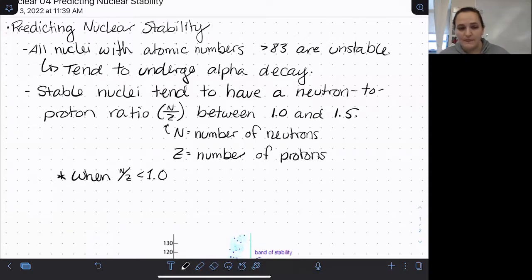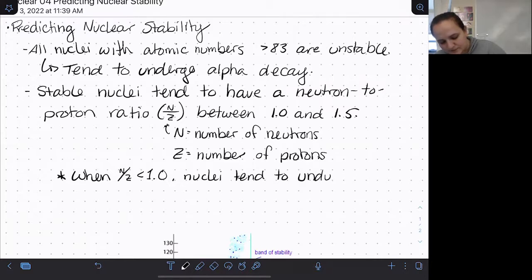So when our N/Z ratio is less than 1, when our neutron to proton ratio is too small, nuclei tend to undergo either positron emission or electron capture, and you can't really tell which.